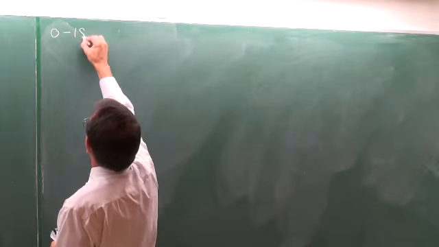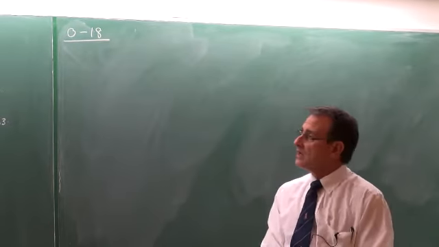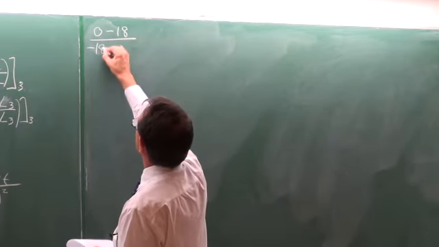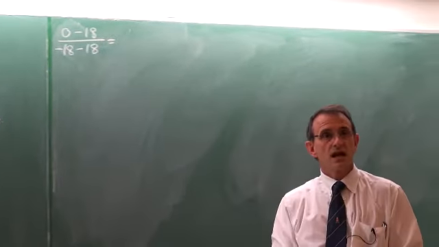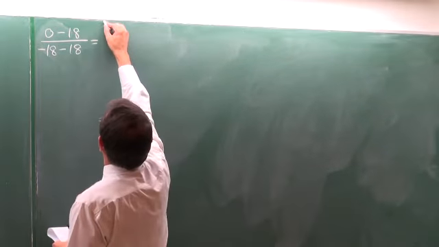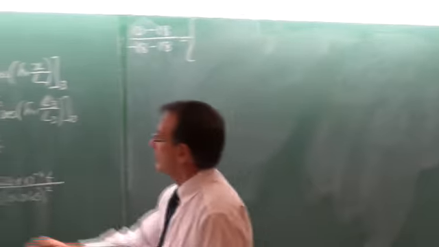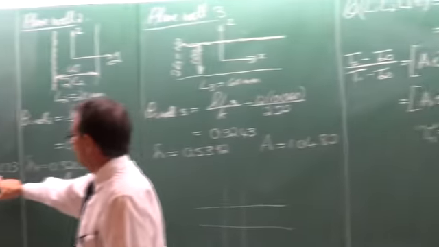The initial temperature is minus 18, the environment temperature is 18 degrees Celsius, and this is equal to A1 of wall 1.